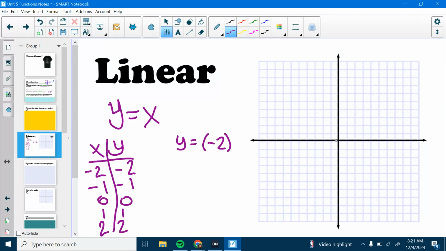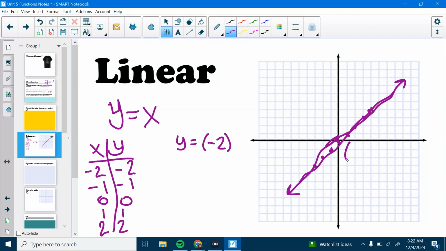So when I plot this on my graph, I got my point at 0, 0, my point at -1, -1, -2, -2, -3, -3, 1, 1, 2, 2, 3, 3, 4, 4, okay? And then I can draw my line connecting through them, in both directions, and I apologize for how that line isn't super accurate, but right, we want a nice straight line going through all those points, okay?